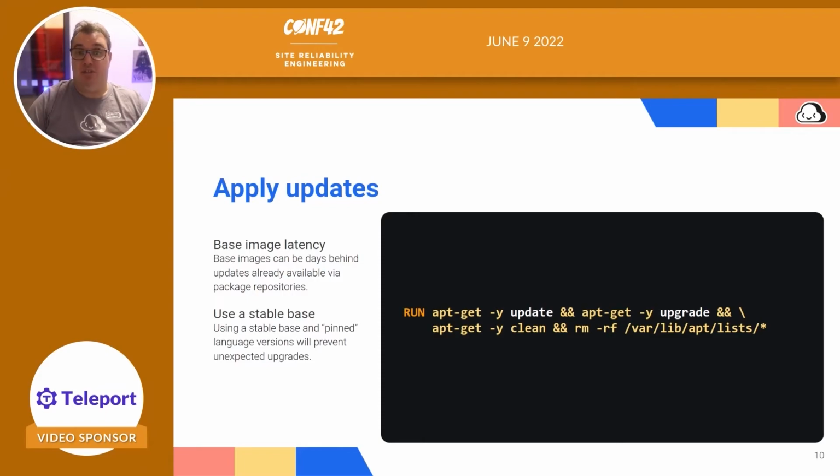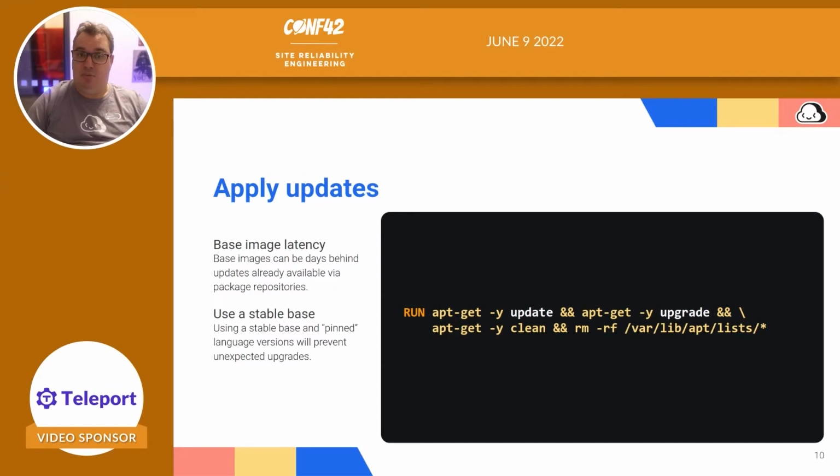Relying on the base image alone is not sufficient, even from images blessed by Docker and maintained by companies with plenty of resources. Now imagine a small open source project maintained in somebody's spare time. If you pin a stable base image, package updates are purely focused on security fixes and severe bug fixes.